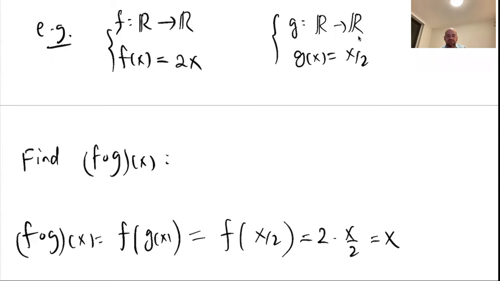That means, if you remember from pre-calculus, this is called an identity function.